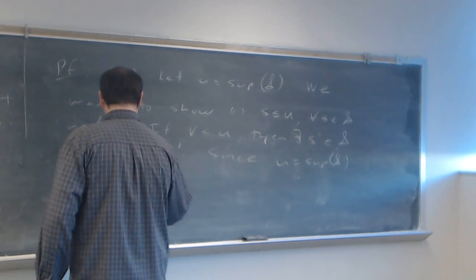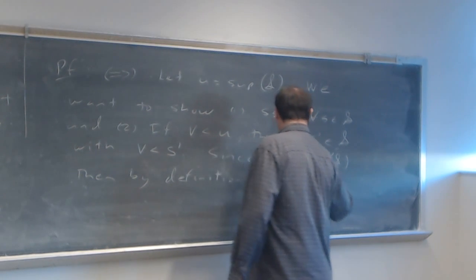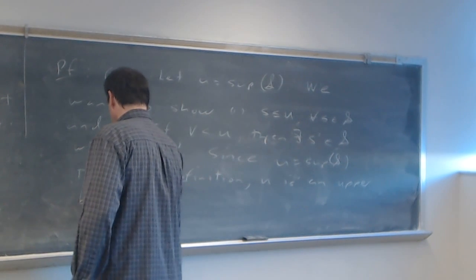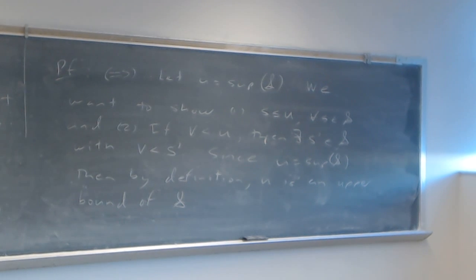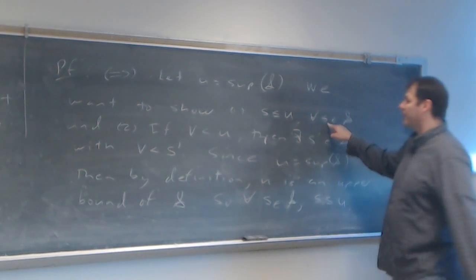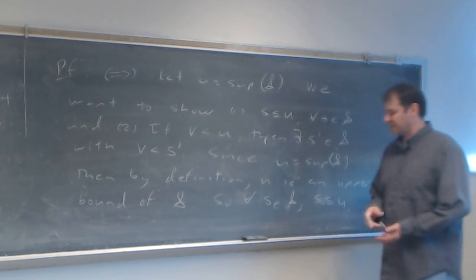By definition, u is an upper bound of script S. What does it mean to be an upper bound for a set? Greater than or equal to all the elements in it. That's right. So for all s in script S, s is less than or equal to u. That was one of the things we wanted to show, so I'm done with part of what I need to show. That's good. Now I need to work on that second thing.